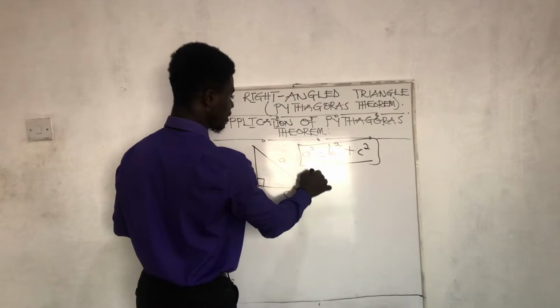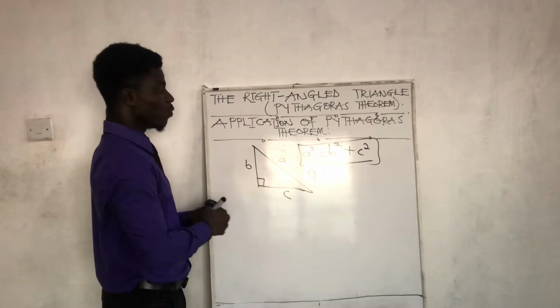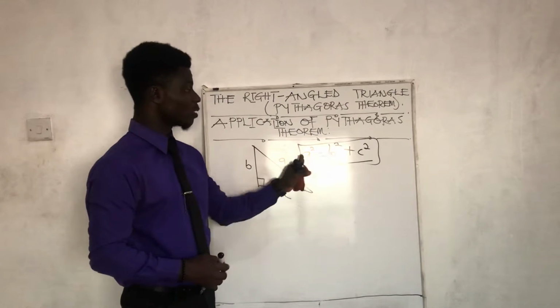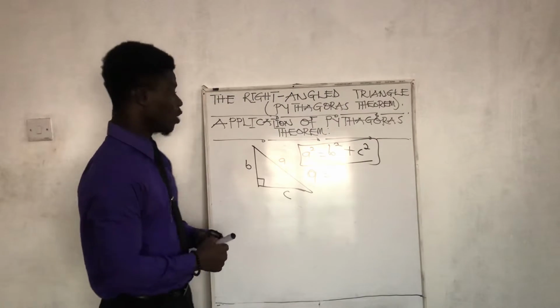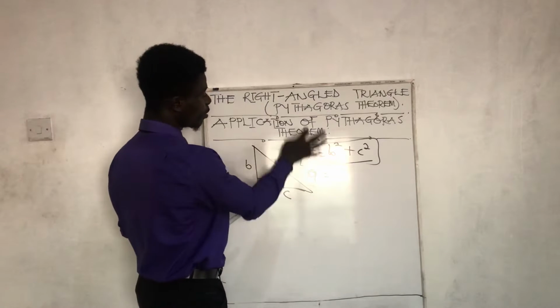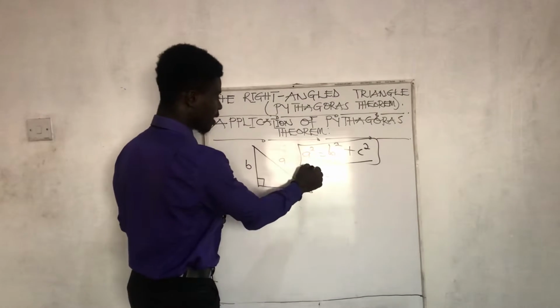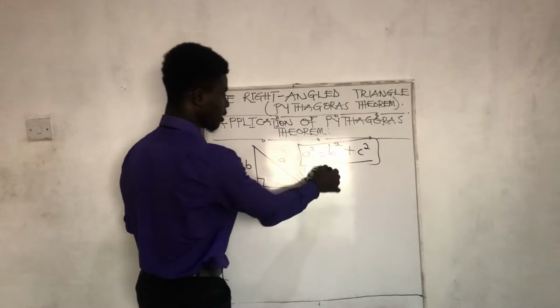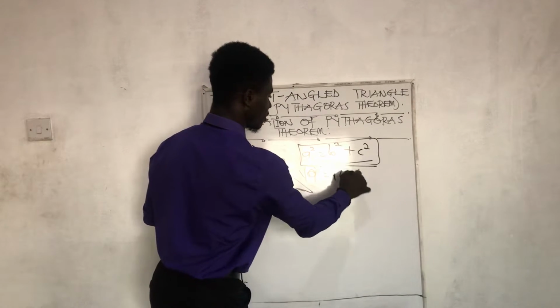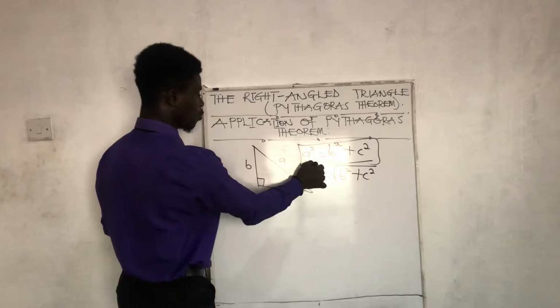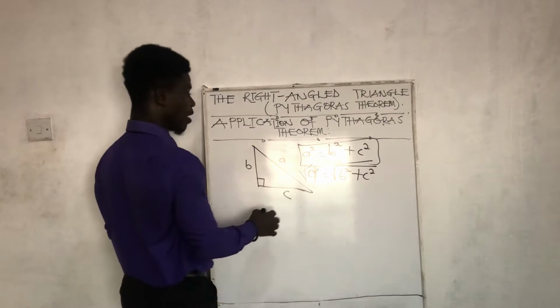So A equals, we take the square root of both sides of the equation, to remove this square. I'll take the square root here, then the square root there. The square cancels the square root.